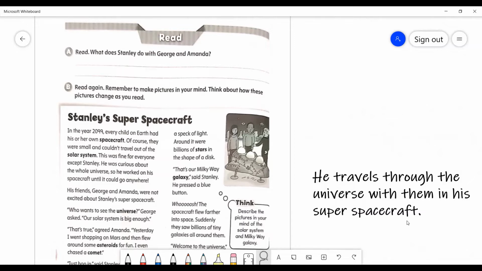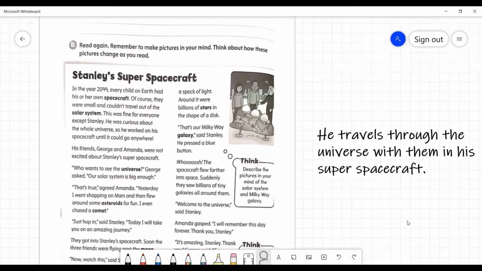You will read this story and write in your own words, but according to my opinion, I will write here, he travels through the universe with them in his super spacecraft. So you can read this story, and then you can write your own opinion.